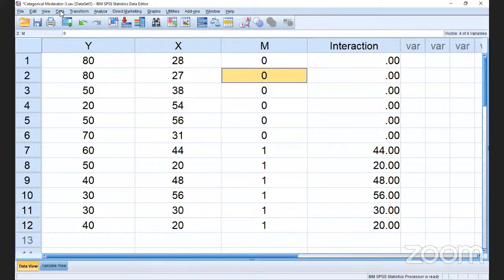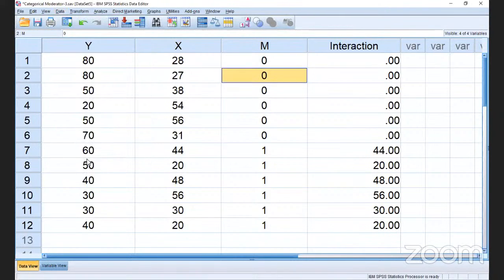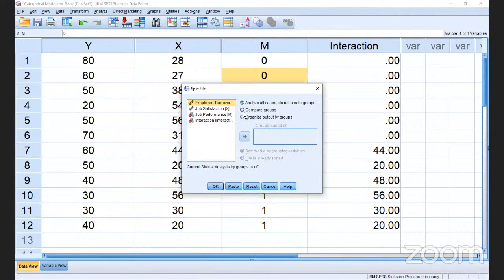We go to Data, and then Split File. You can see the split. I am splitting the file. I want to compare the relationship between job performers and employee turnover. Data, Split File, and then Compare Groups.